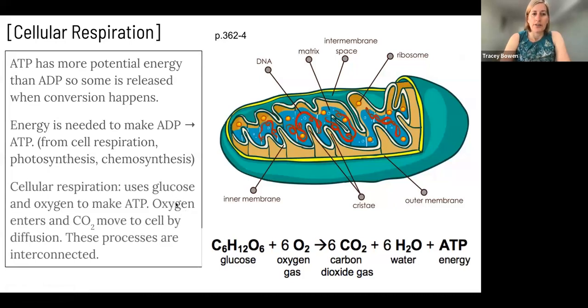Oxygen is going to enter and CO2 is going to move through diffusion, and these processes are interconnected. So CO2 is a waste product. It's going to move from the mitochondria into the cell and then back into the bloodstream, and oxygen goes the opposite direction.